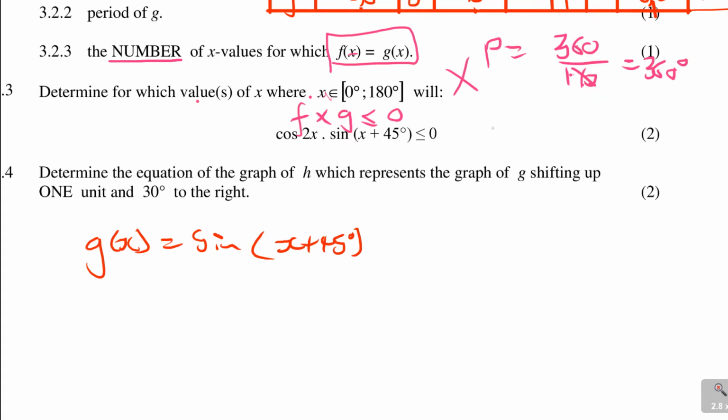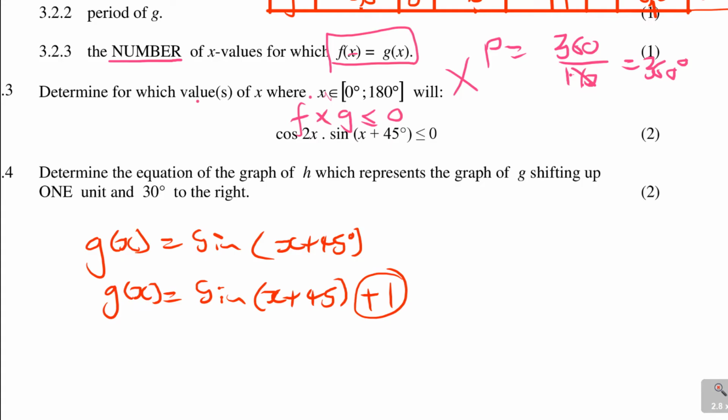So now let's shift it up 1 unit. If you shift it up 1 unit, g of x is equal to sine of x plus 45, now you say plus 1. 1 unit up means add plus 1. That's the first transformation there. I'll call it number 1.